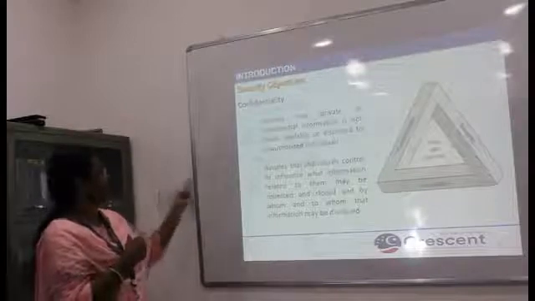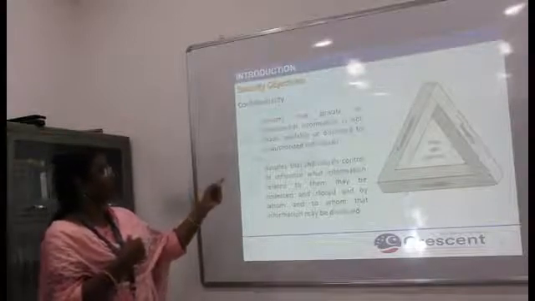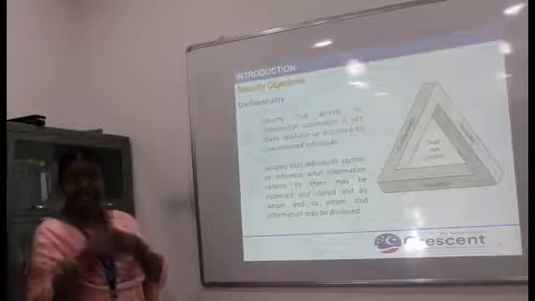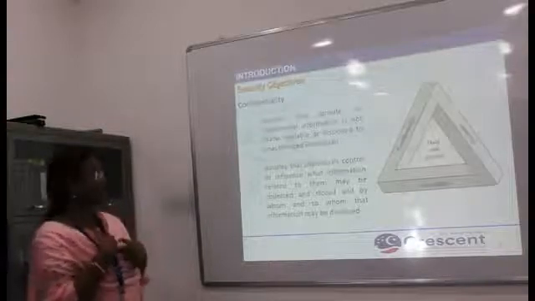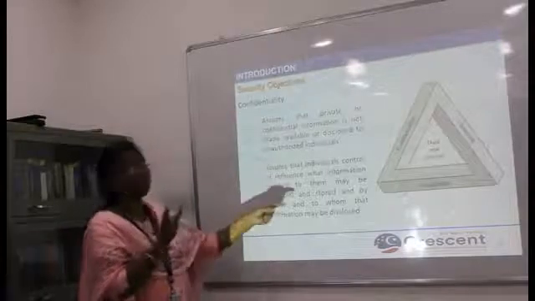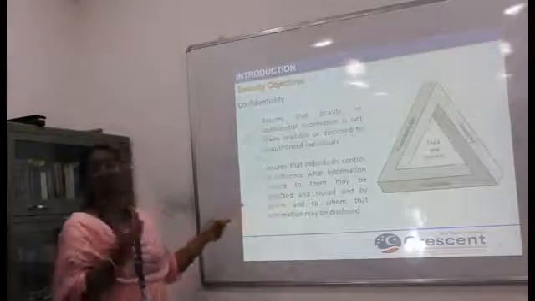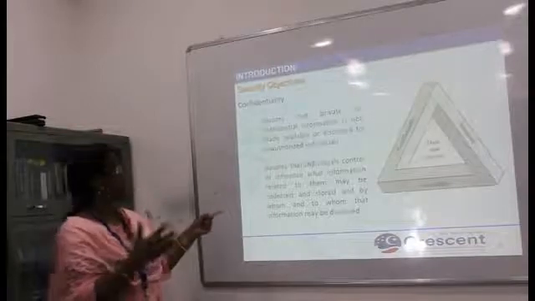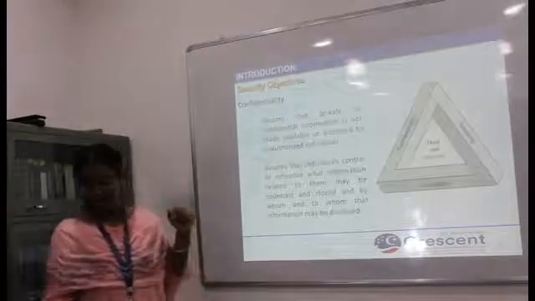That is the definition: it assures that individuals control or influence what information related to them may be collected and stored, and by whom and to whom it may be disclosed. The PIN number is related to my ATM card; it is stored by me, and I am sharing it with my dad and mom, so that information may be disclosed. That is how you talk about privacy.